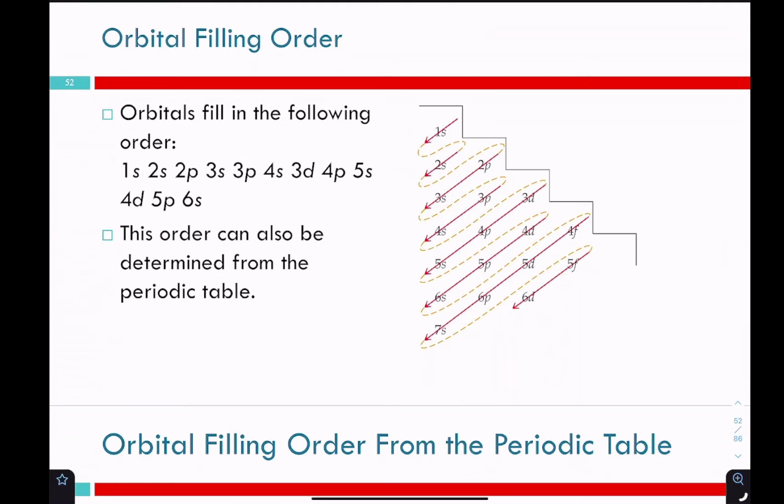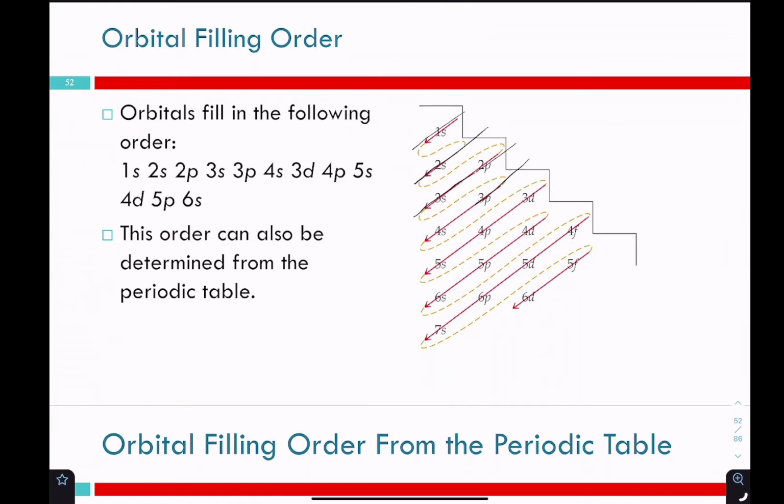And then the way you fill the orbitals, the order, is by drawing these diagonal lines. So you fill 1s first, then you fill 2s, then you fill 2p. So you follow this in the periodic table, right? 1s, 2s, 2p. And then you'll go to 3s, and then 3p, so on the other side of the periodic table.